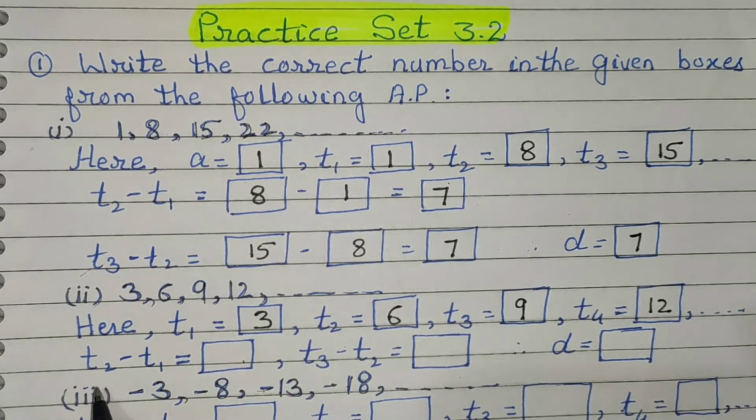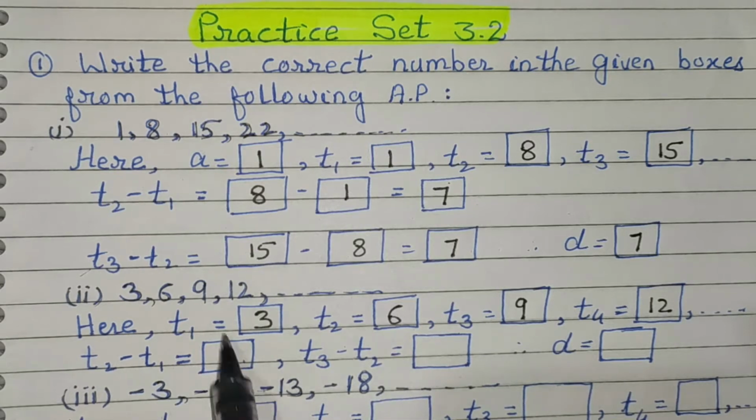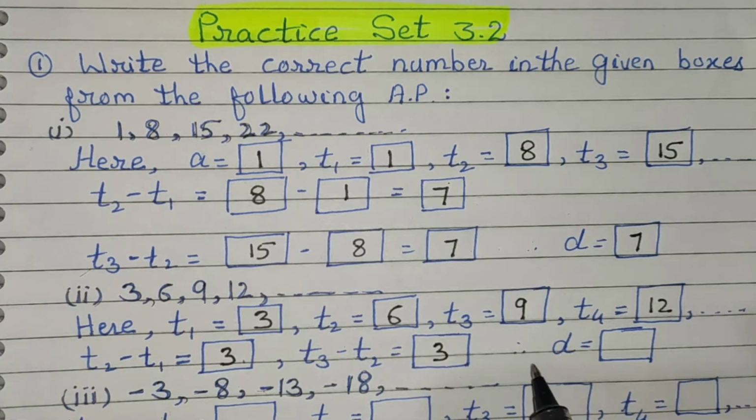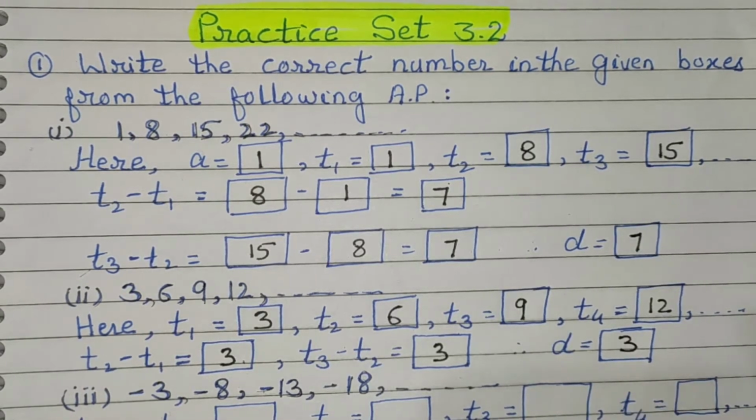Write down here the value of T2 minus T1. The value of T2 is 6, 6 minus 3, we get 3. T3 minus T2: the value of T3 is 9, 9 minus 6, we get 3. Therefore common difference d is equal to 3 here.